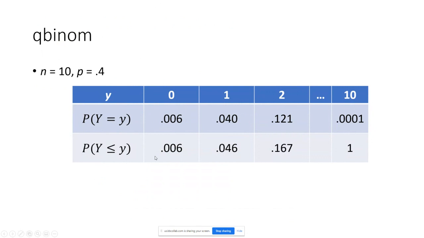So these are the cumulative probabilities. For example, the probability of being less than or equal to 0 is just the same as the probability of being equal to 0. But the probability of being less than or equal to 1 is the sum of 0.006 and 0.04. We would find this second row using pbinom.